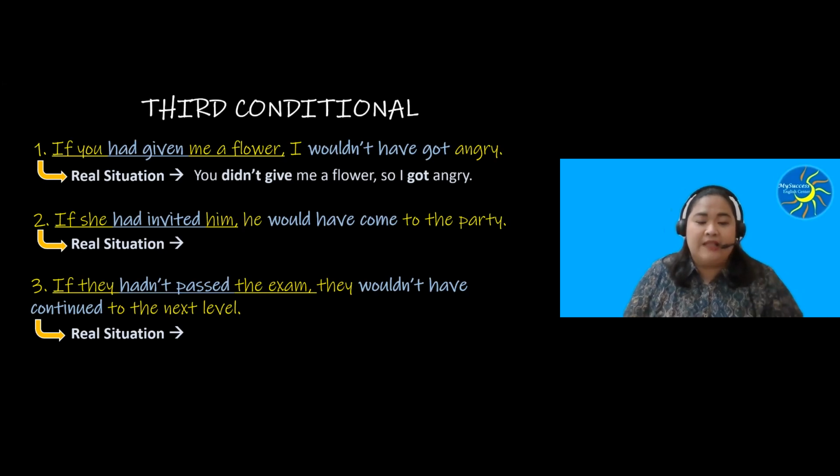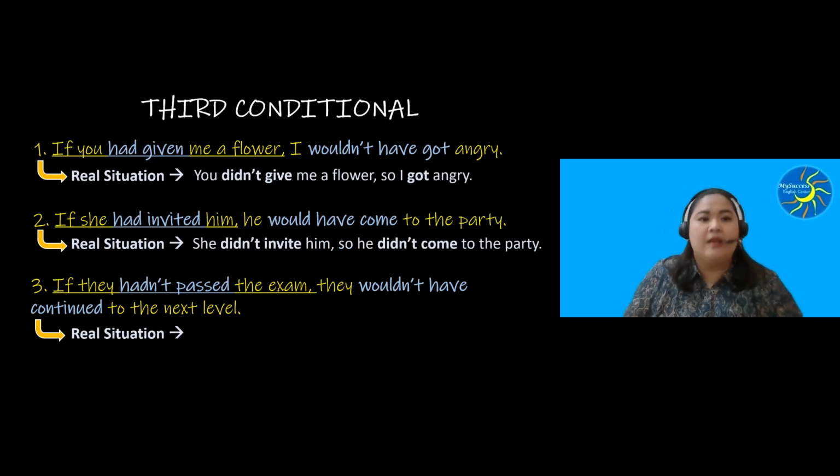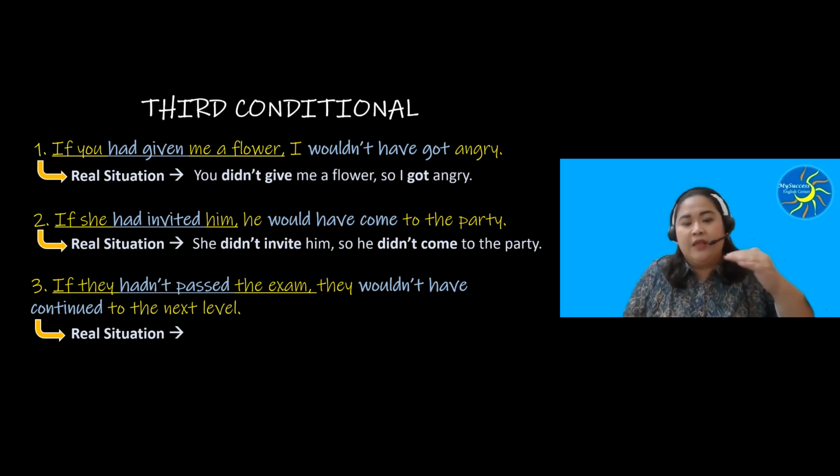Remember, this is something unreal or contradictory with the past situation. So, the real situation is she didn't invite him, so he didn't come to the party. Do you see the difference between the third conditional sentence and the real situation? Yes, they are contradictory.